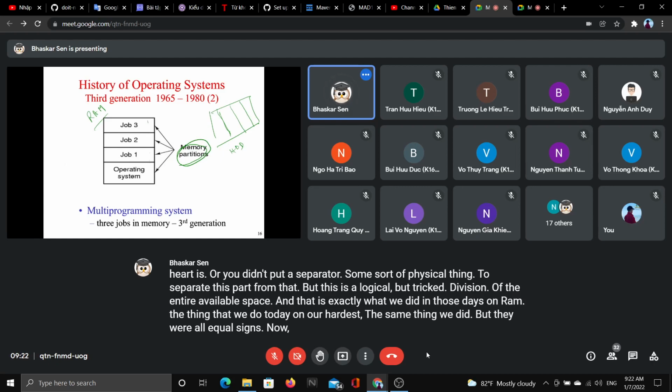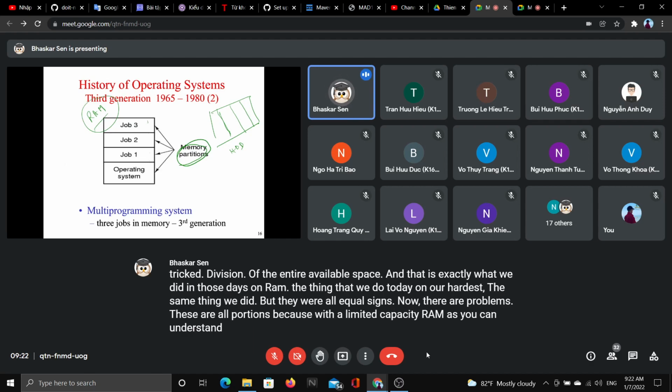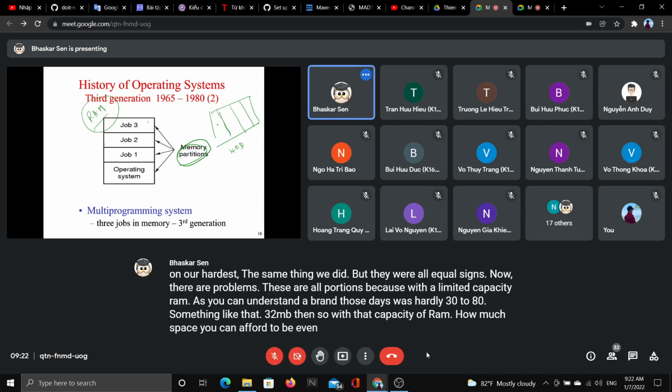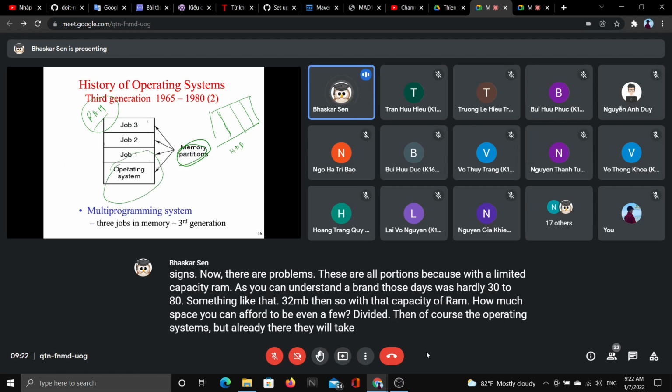Now there are problems. With a limited capacity RAM, the RAM in those days was hardly 32 KB, something like that. With that capacity of RAM, how much space can you afford to give? If you want to divide it, of course the operating system will take up much of that space.